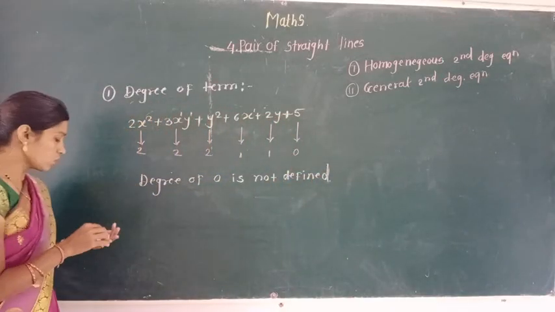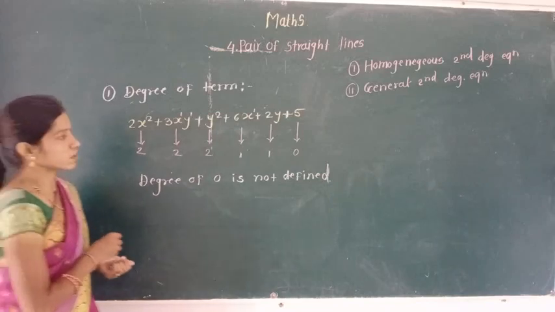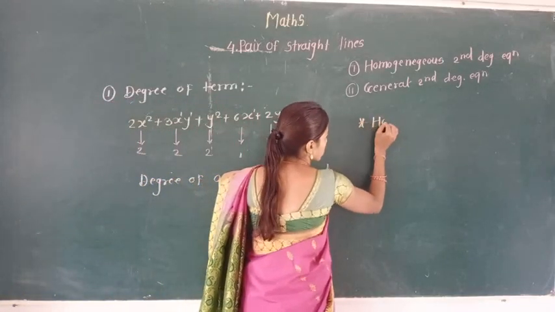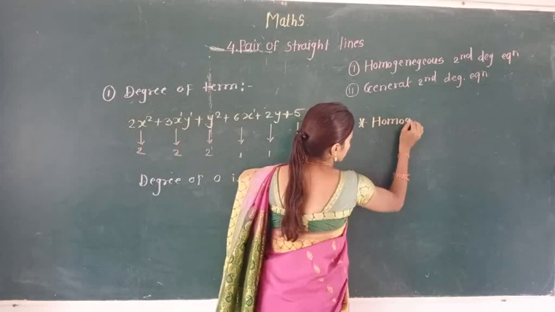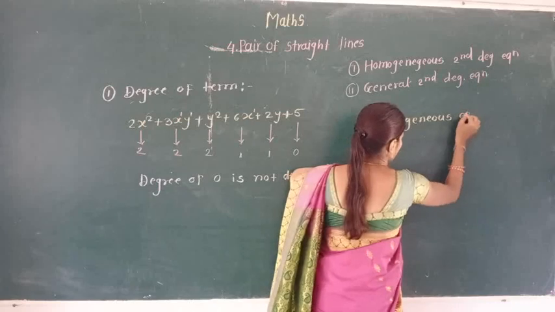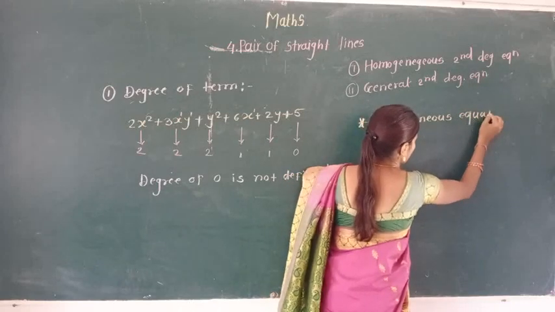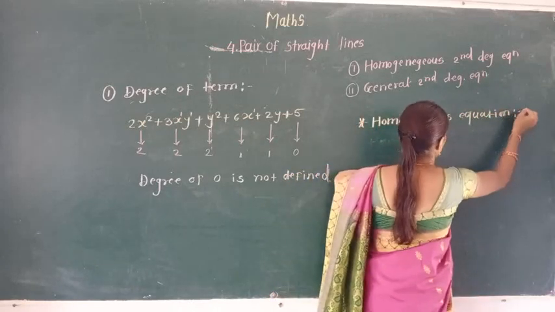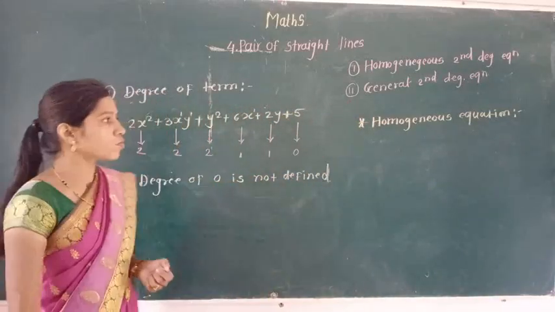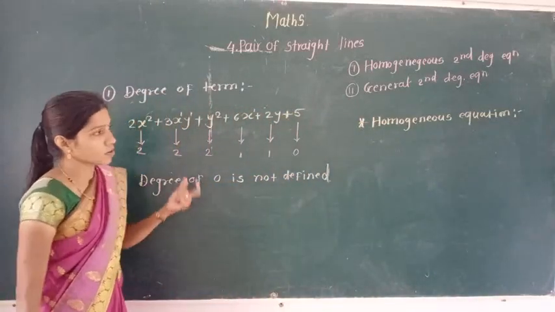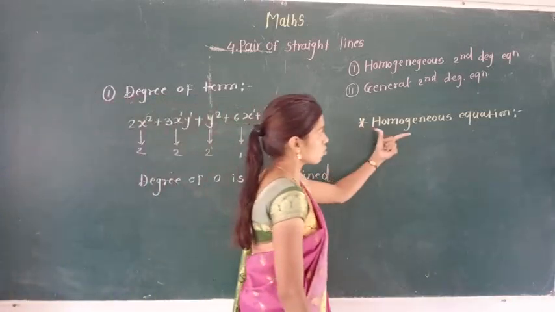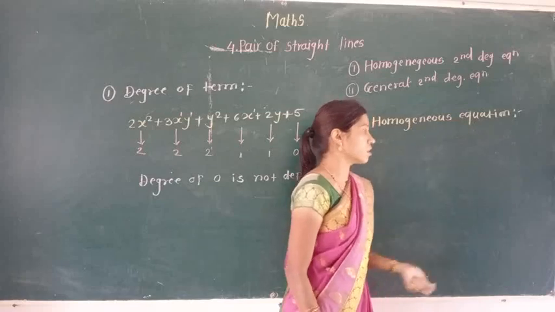Now see, what is a homogeneous equation? Homogeneous equation means the degree of every term in the equation is the same. That type of equation is known as a homogeneous equation.